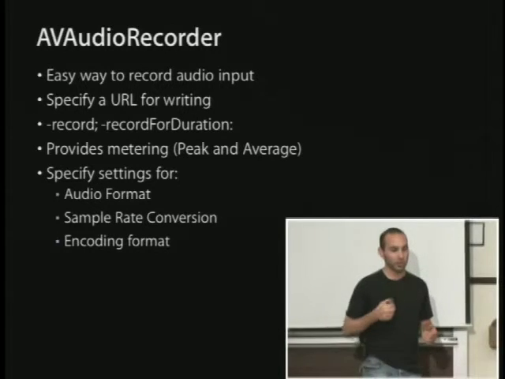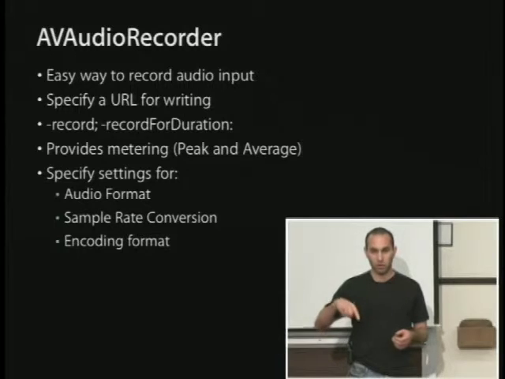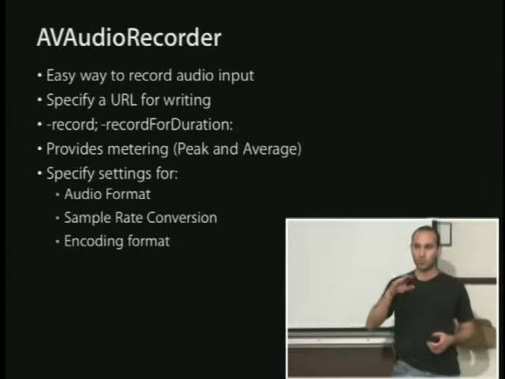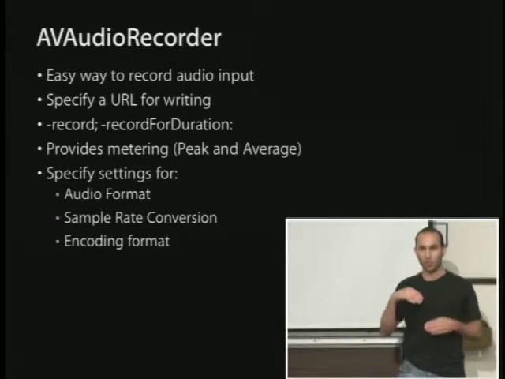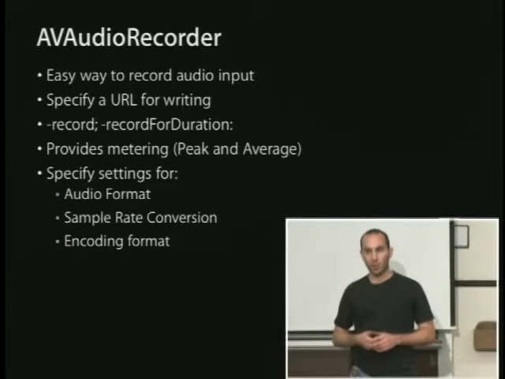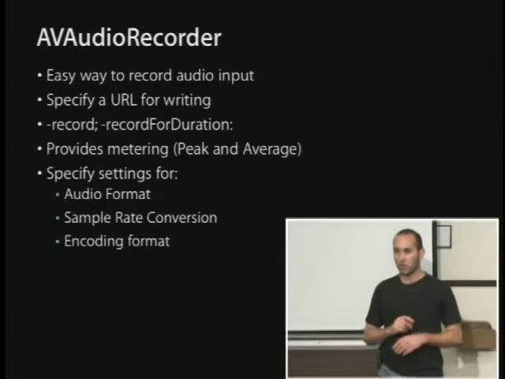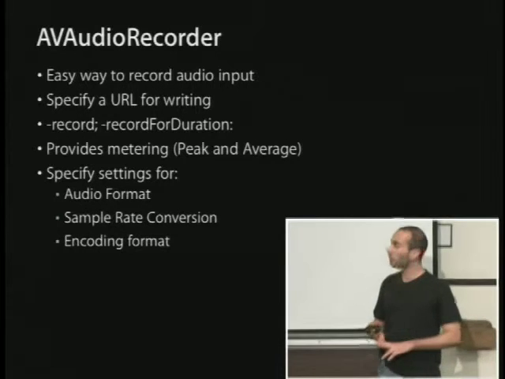Let's say you want to listen for microphone input. You can show amplitude meters to show when the person is speaking, when they're not. And it does sample rate conversion and format conversion as well. So you can specify that you want to init with settings, and those settings are different audio formats.